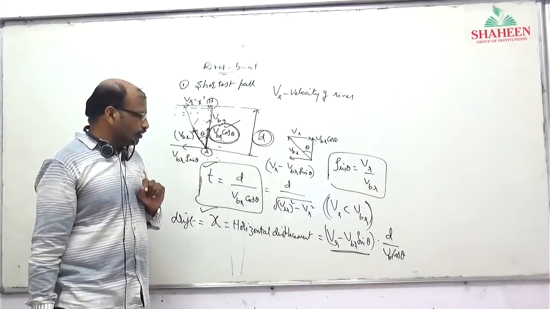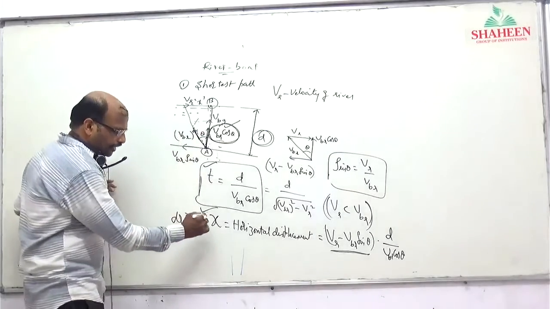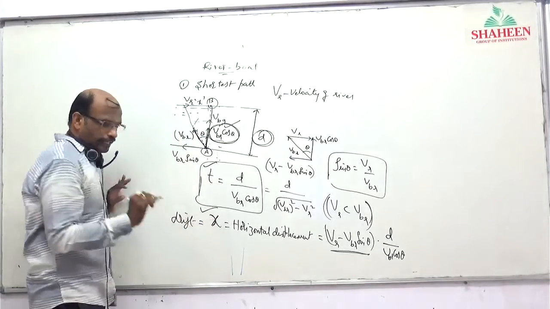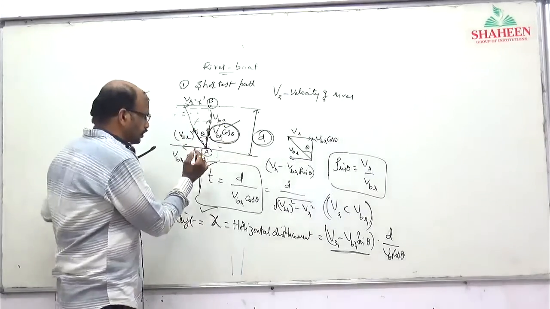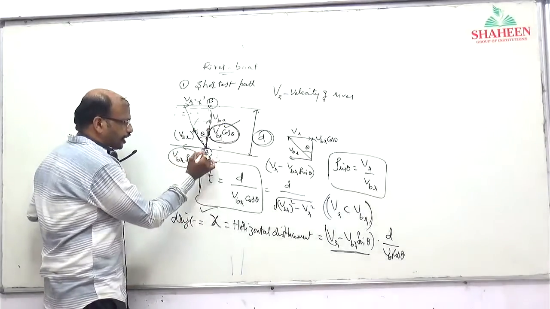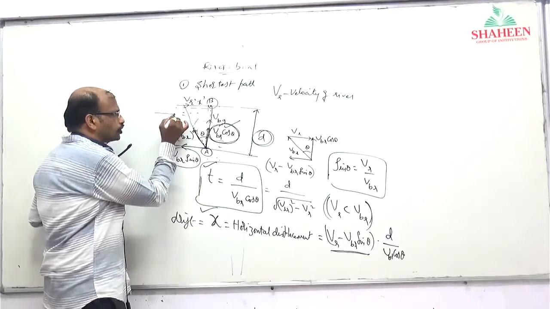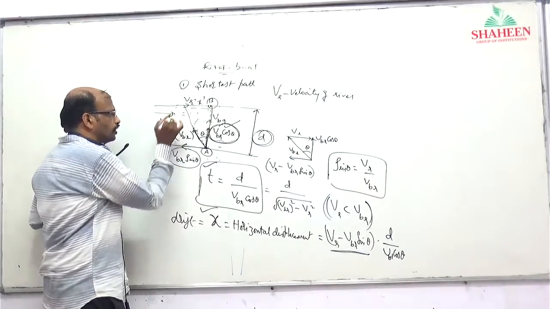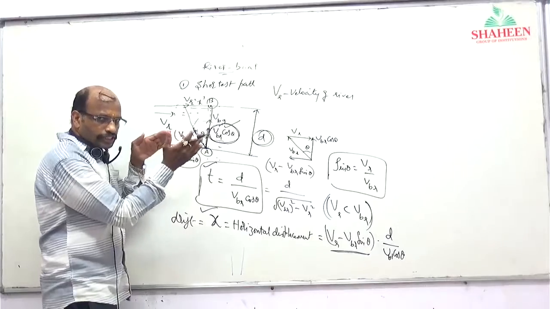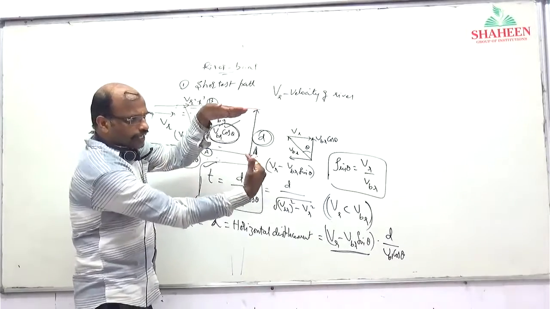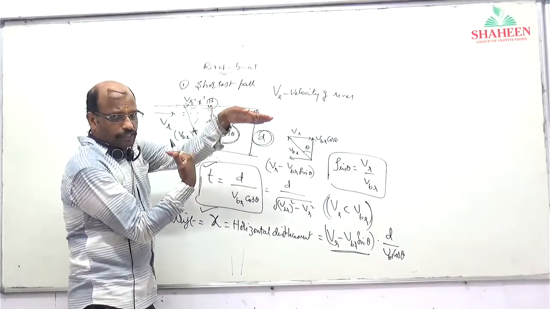Okay, once again I will explain drift. Drift is horizontal displacement caused due to the horizontal velocity components. This VBR sin theta is in this direction, opposite to the direction of river flow. The river is flowing in this direction, right? VBR sin theta is in this direction, a component of VBR.